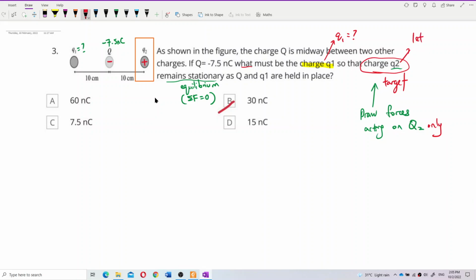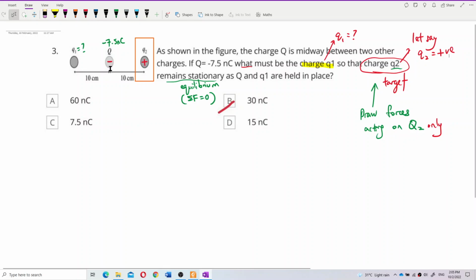We don't know what charge it is, but let's say Q2 is a positive charge. So what are the forces acting on Q2 by Q1? Q1 we don't know what charge, whether it is positive or negative. Let's look at between Q2 and Q.